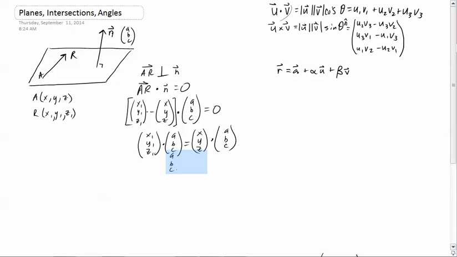Okay, which is an interesting little rule there, but it just means that the dot product of the normal with any direction vector inside the plane should end up giving you the same number.